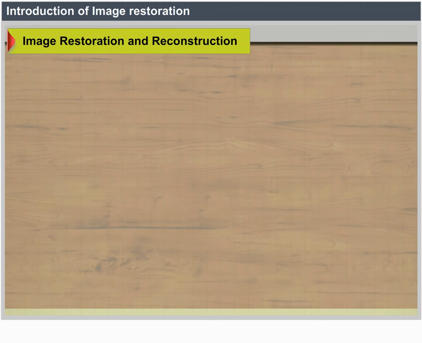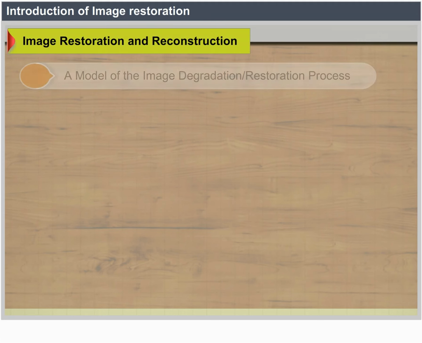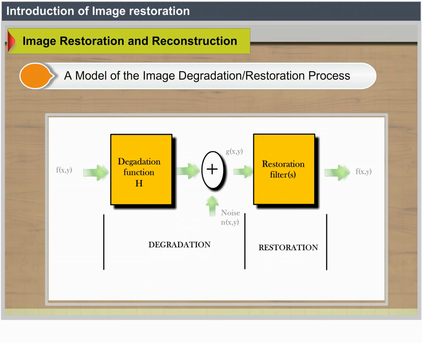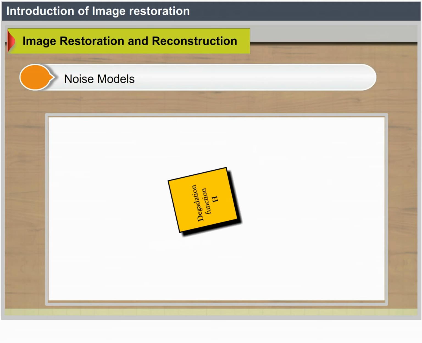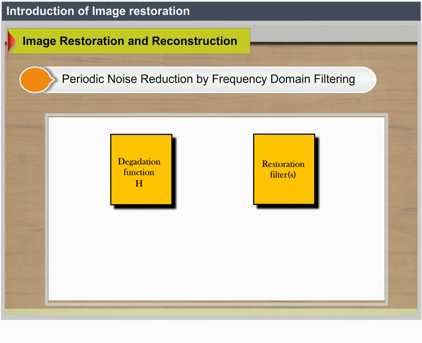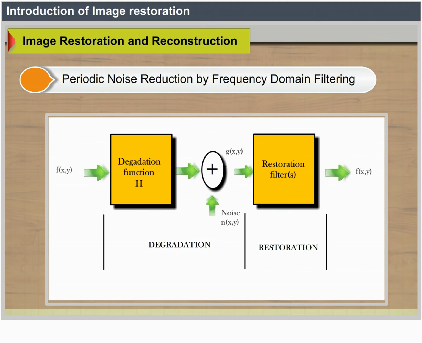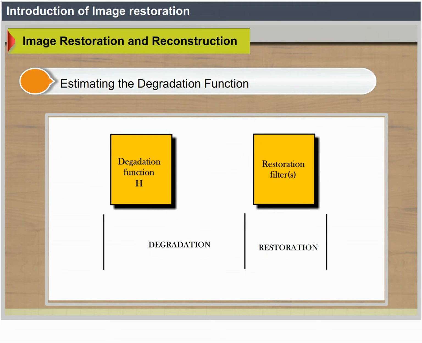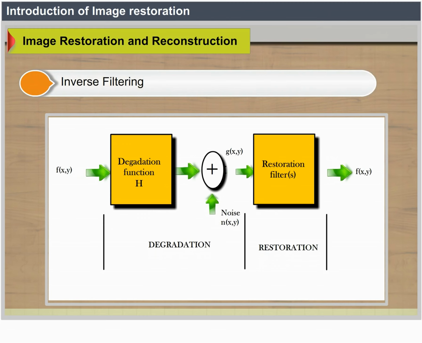Image restoration and reconstruction. A model of the image degradation and restoration process. Noise models. Restoration in the presence of noise only, spatial filtering. Periodic noise reduction by frequency domain filtering. Estimating the degradation function. Inverse filtering.